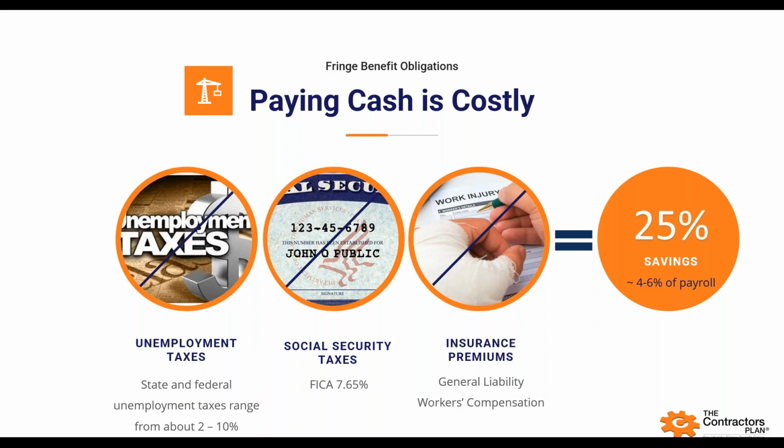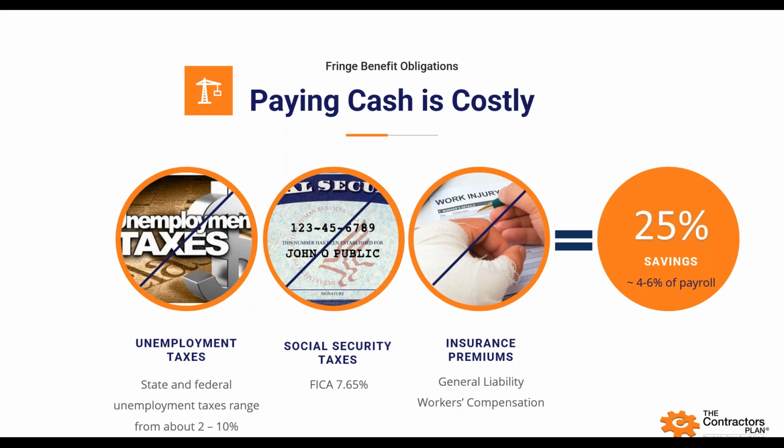So as a non-union contractor, if you pay your fringe obligations in the paycheck, now you're subject to unemployment taxes. Unemployment taxes for state and federal range, but a couple percent. Then you've got Social Security, that's 7.65% nationally, obviously it's federal. And then your insurance premiums.